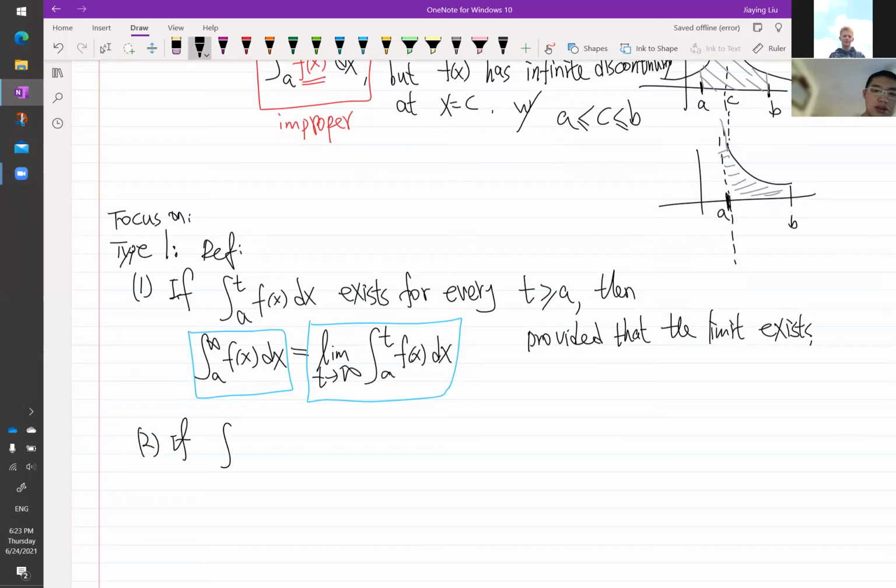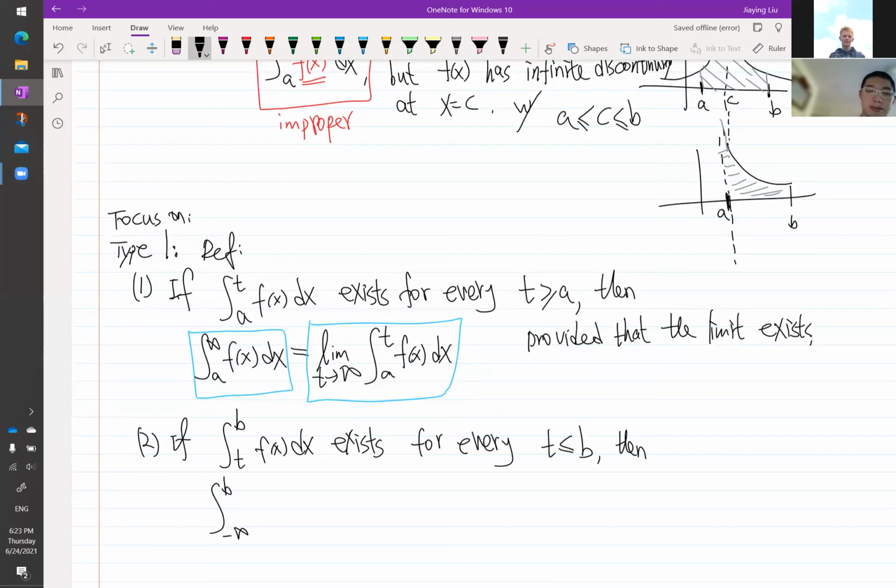So if the integral from t to b of f of x dx exists for every t less than or equal to b, then when we integrate from negative infinity to some constant b of f of x dx, that's going to be the same definition, which is just the limit as t goes to negative infinity of the integral from t to b of f of x dx. b is the upper bound, so it's always the upper bound.